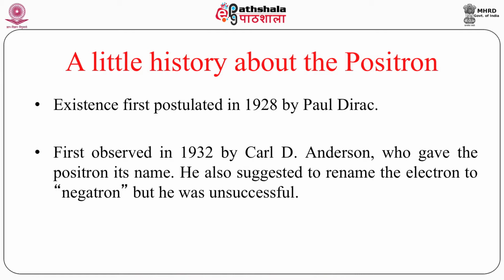He also suggested renaming the electron as negatron, but he was unsuccessful. So its existence was postulated in 1928 and the name was given in 1932, but he was not successful in naming the negative electron as negatron.